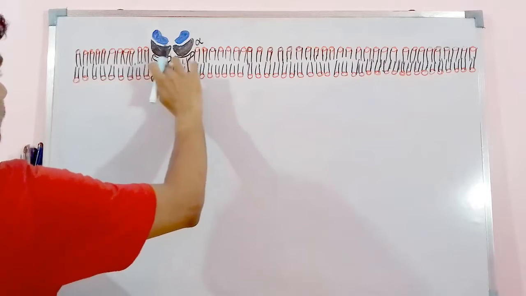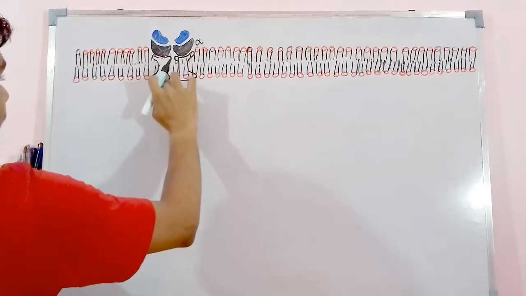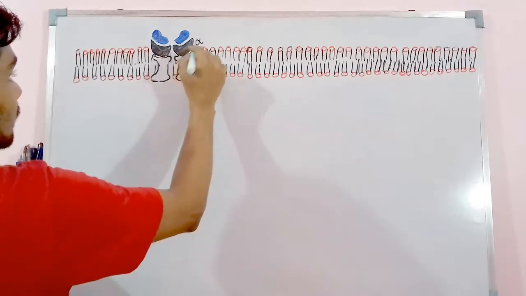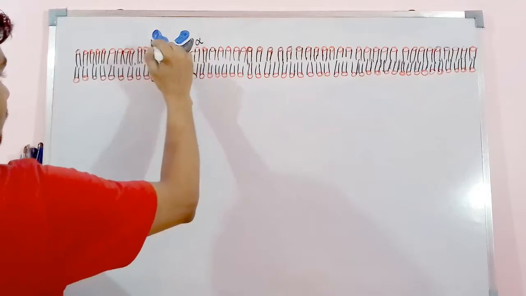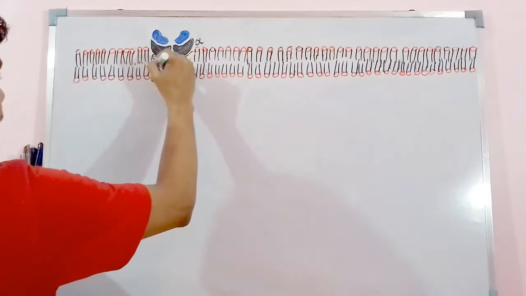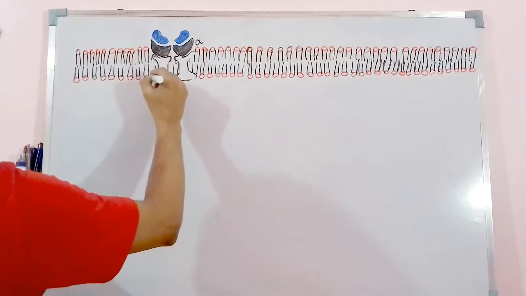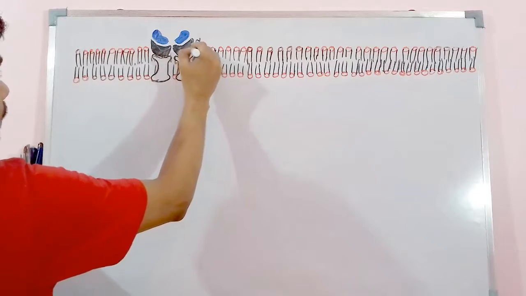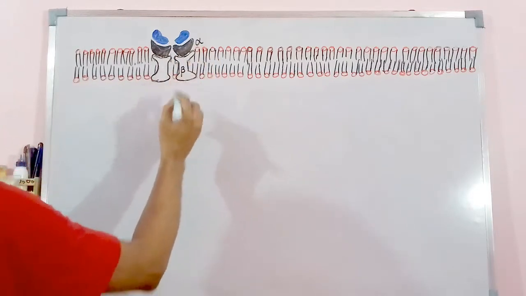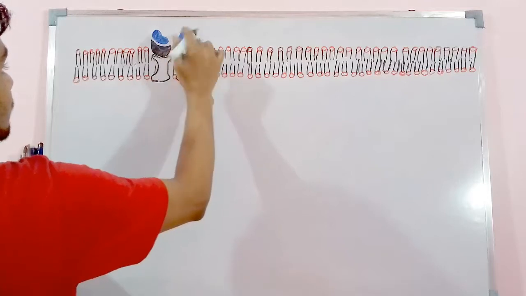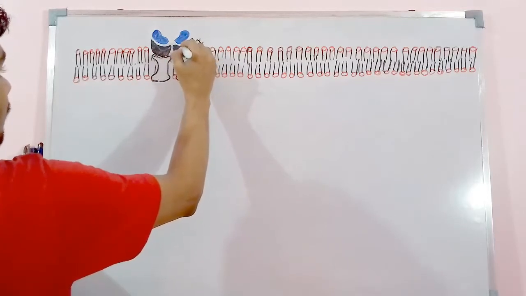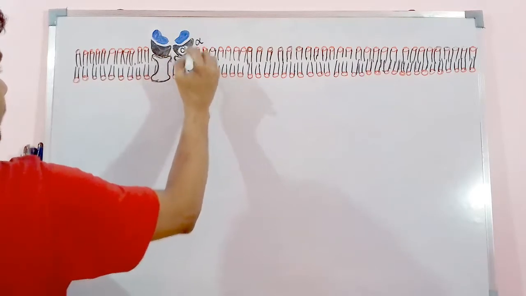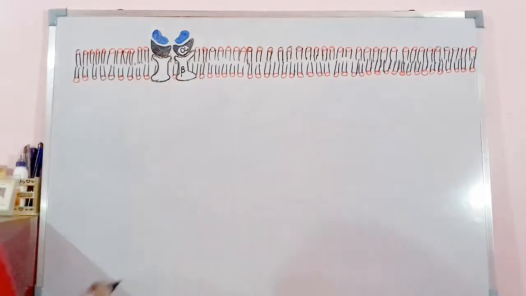Let us not color it, so that we can easily represent the beta portion, otherwise it would be difficult to write the beta symbol within this membrane. Now let this be the beta. So this one is the alpha unit, and this one is the beta.